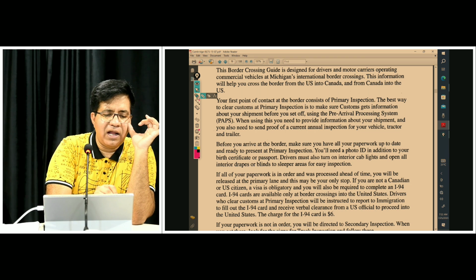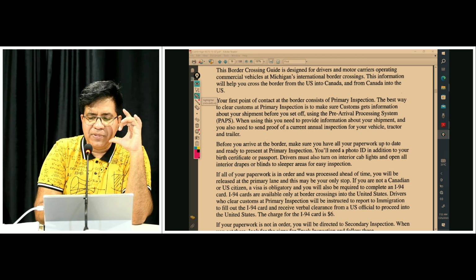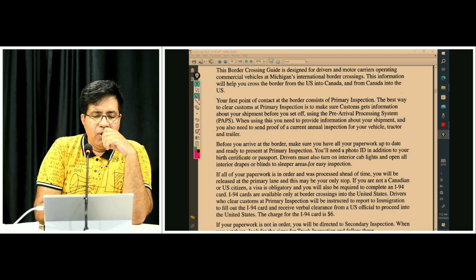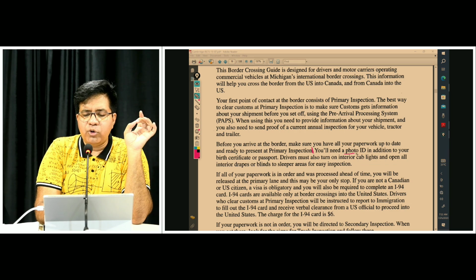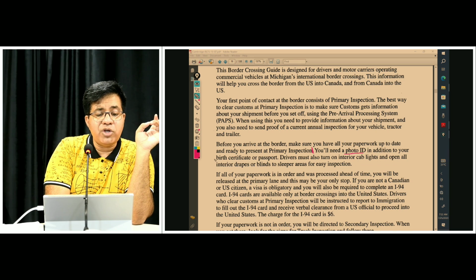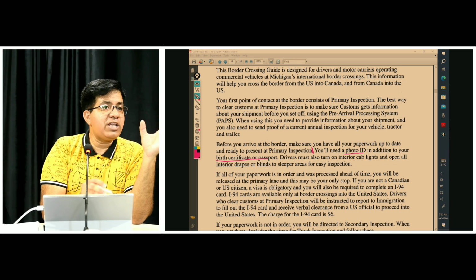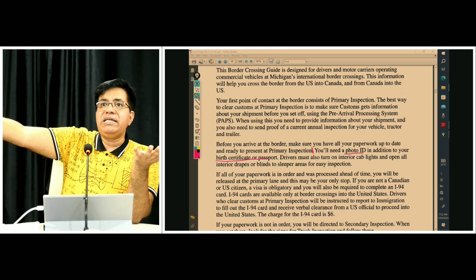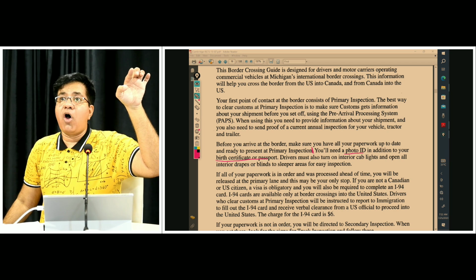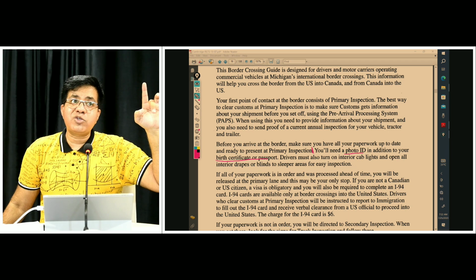It's the 3rd paragraph. And can you see birth certificate, birth? Okay, now they've mentioned here, I'm reading it from the 2nd line. Okay, please follow me. You will need a photo ID in addition to your... So birth certificate or passport is already mentioned. Answer is photo ID. Now remember, only photo is wrong. Only ID is wrong.